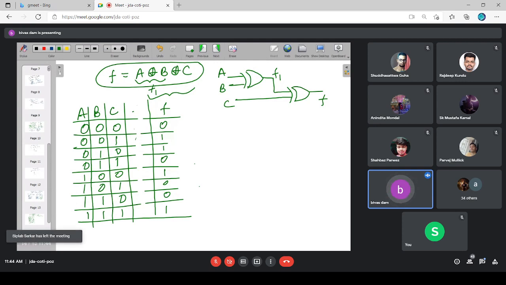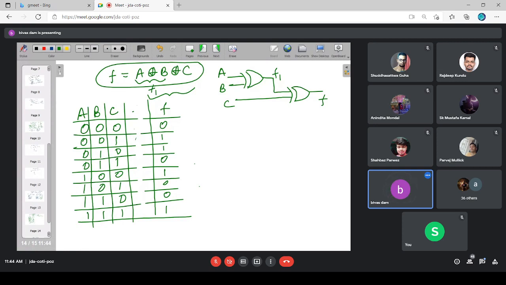I simply have to count the number of 1s in the input combination. If that count is odd, from the XOR I'll be getting 1, for the XNOR I'll be getting 0, otherwise I'll be getting the reverse values. For 0 or an even number of 1s in the input combination, I'll be getting logic 0 output in XOR and logic 1 output in the case of XNOR.